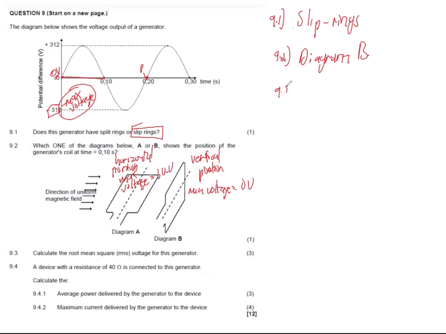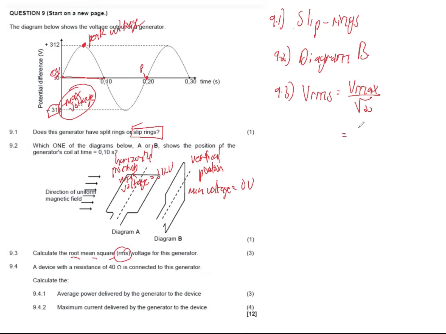Then 9.3 says, calculate the root mean square. So root mean square is RMS shortened. So we want the RMS voltage for this generator. So we are just going to say VRMS is equal to Vmax over root 2. So what is our maximum? We can see it right there, the peak voltage.